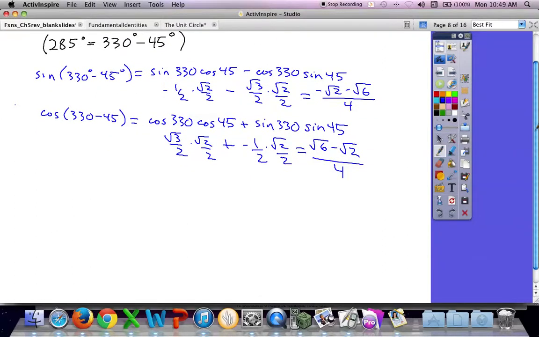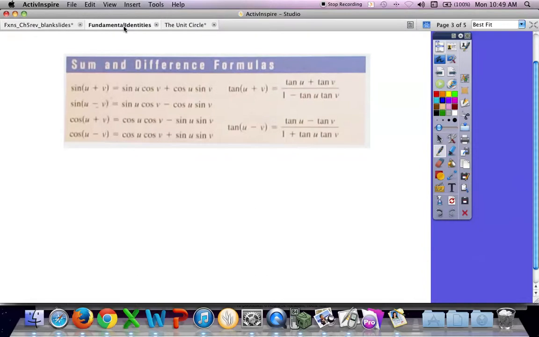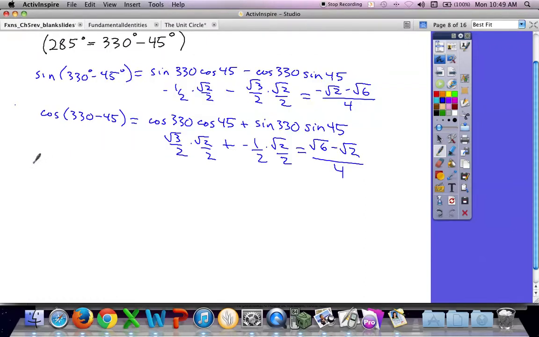Now, the tangent has its own formula, right? You could use that formula, or what else can you do? Put sine over the cosine. It's probably easier at that point to do that. The tangent of 285 equals the sine of 285 over the cosine of 285.